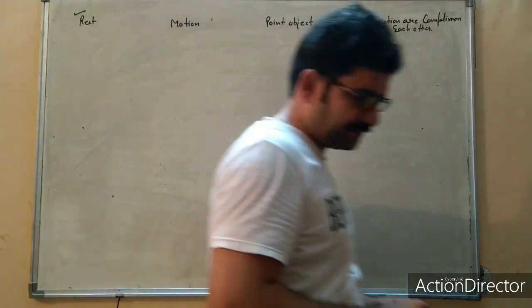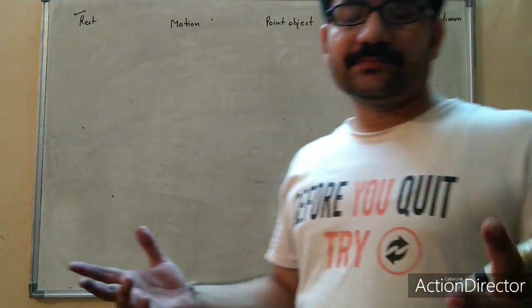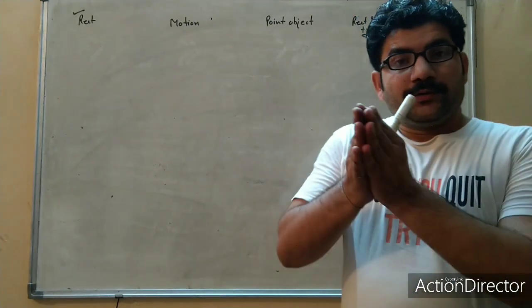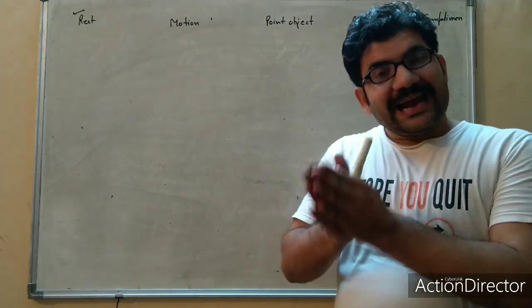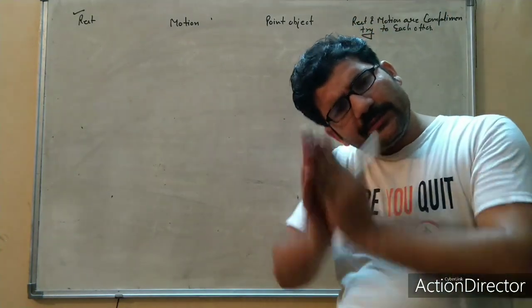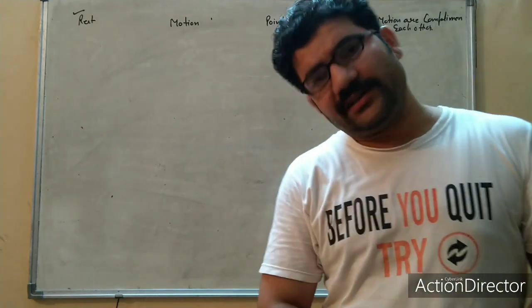Actually, what is rest? Rest is basically the situation in which a body is placed at an instant, and after lots of time that body remains there, does not move anywhere, then such a situation is called rest.